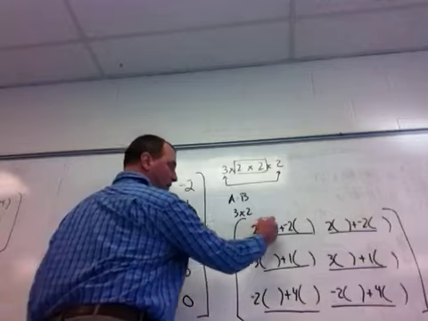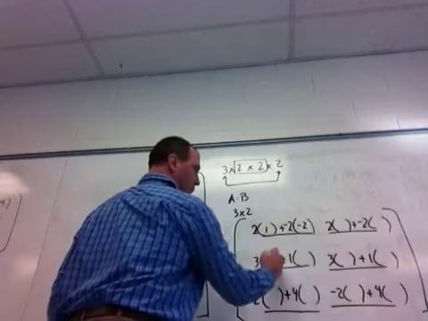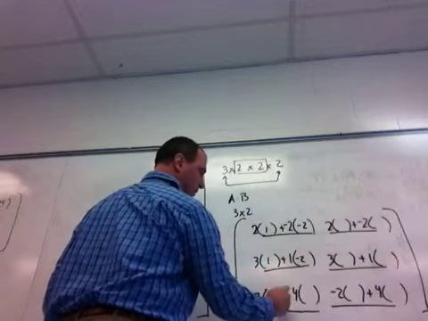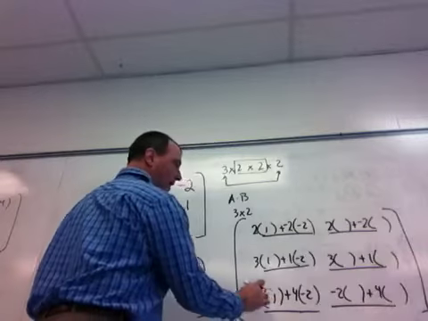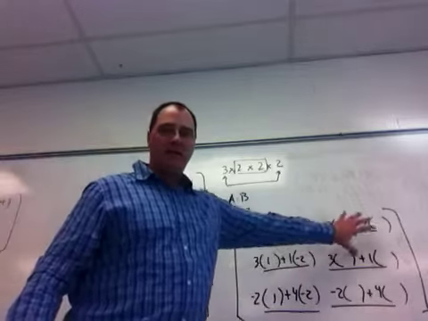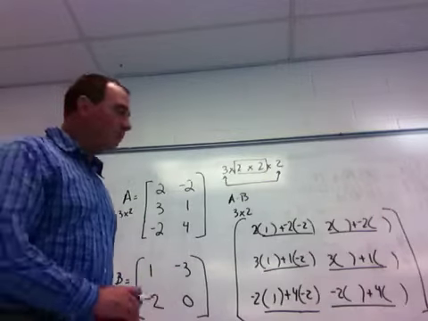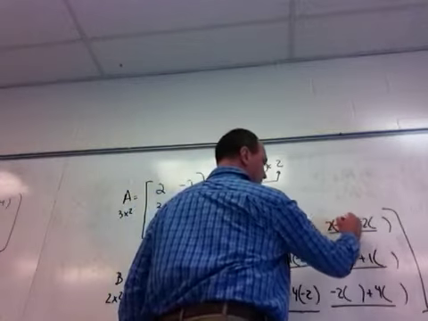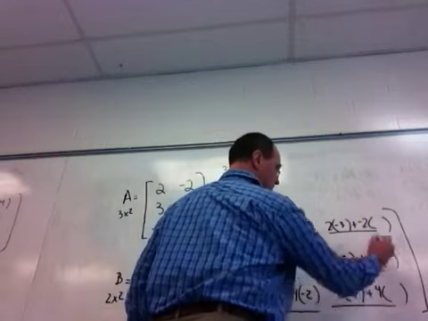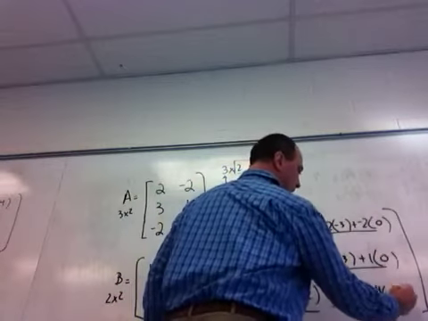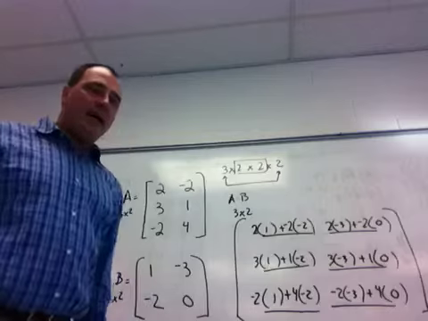And so you see a pattern develop. It's 1 and -2, 1 and -2, 1 and -2. And the values over here are in the second column of B, which are -3 and 0 in my example. So I have -3s here and 0s there. And you can see the pattern that I have generated.